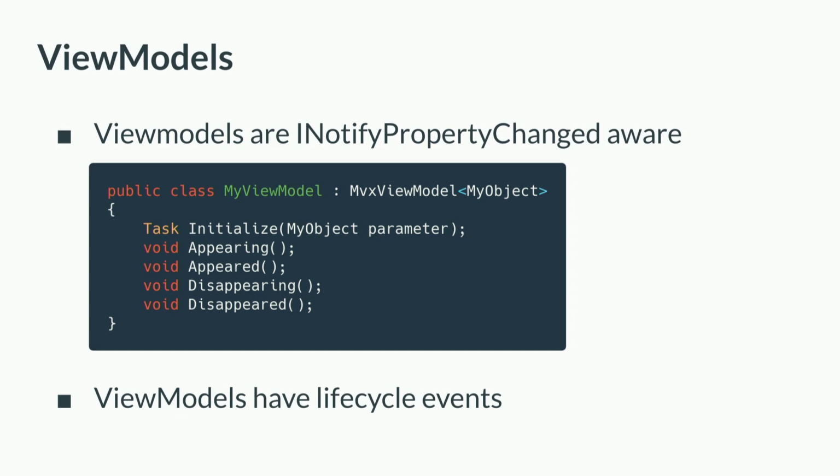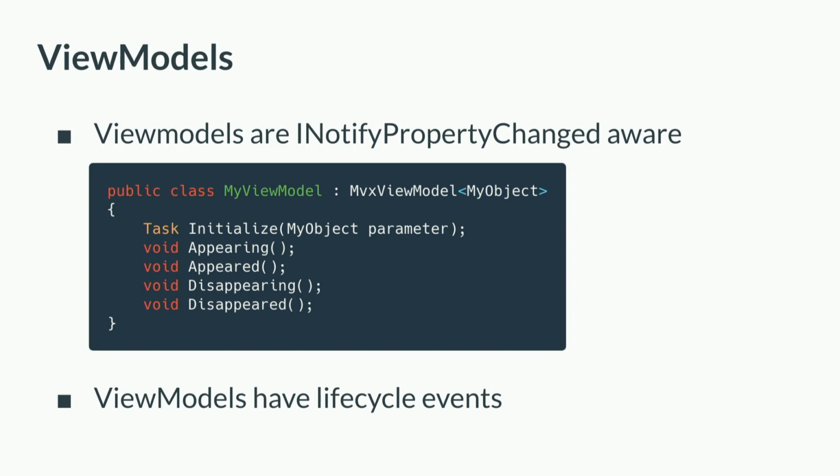So MvvmCross does a couple of things that are really helpful, and I'm going to tell more about it later. What you can see here is just the base class. MvxViewModel extends notify property changed, which means that if you trigger a change, raise property changed on your view model, it will automatically raise this changed event to your view, and your view will be updated.